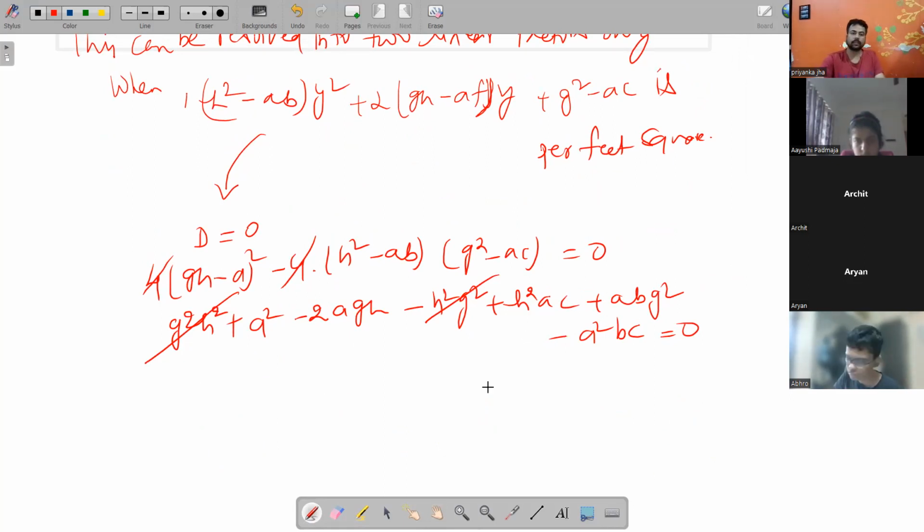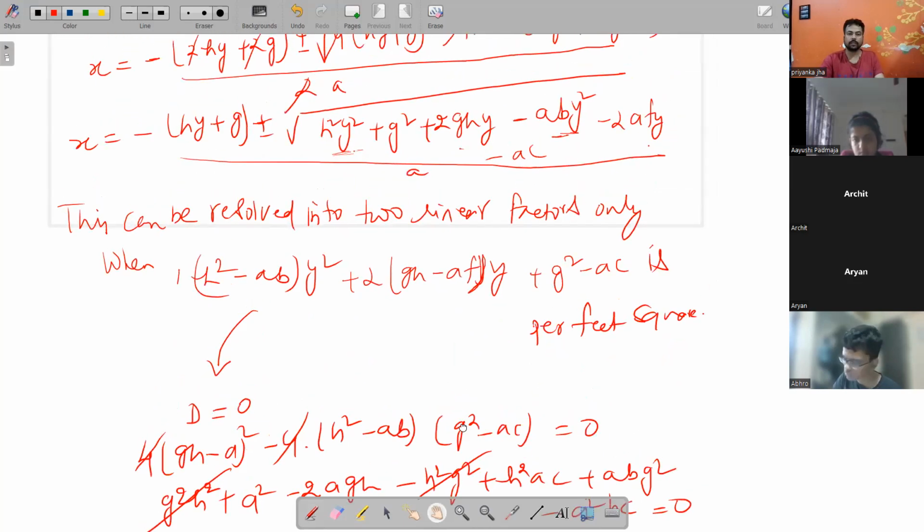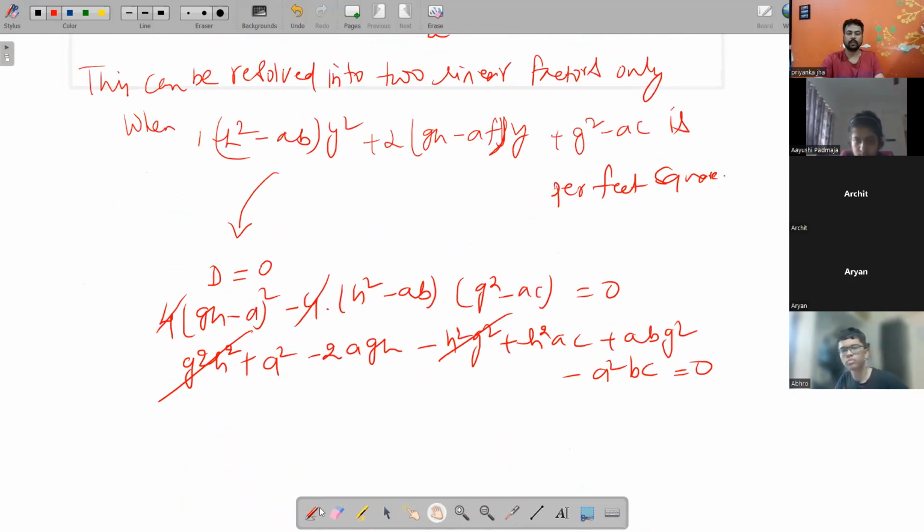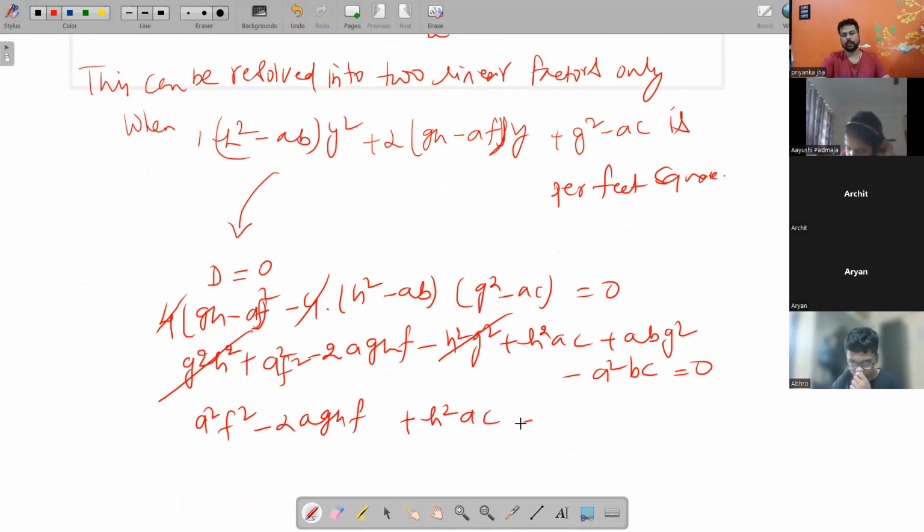I think I missed something here. Oh, this is af, so this should be af. So a square f square, yeah. Now we can see that we have a square f square minus 2aghf plus h square ac plus abg square minus a square bc equal to 0.